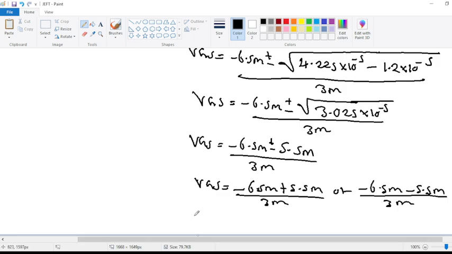Okay, so from there we're going to have our VGS equals, if you perform the calculation of negative 6.5 milli plus 5.5 milli, we are going to have negative 1 milli.